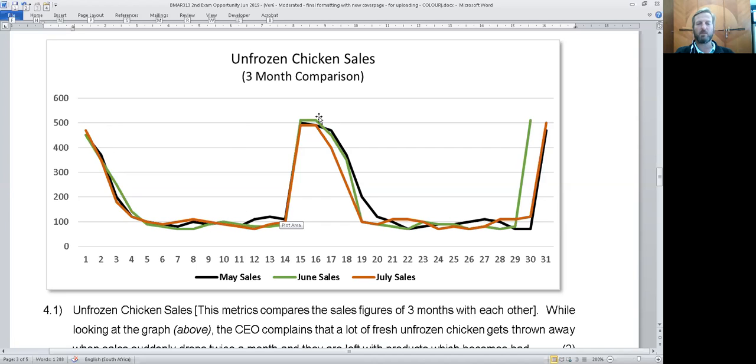And then there's good sales again, and the chicken becomes bad, and then there's good sales again. So what do we do in these two areas? The advice you have to give will have to help him so that they don't throw away as much chicken. Now, obviously, you can just say, listen, take the fresh chicken and put it in the deep freeze, that it freezes in the island freezers.